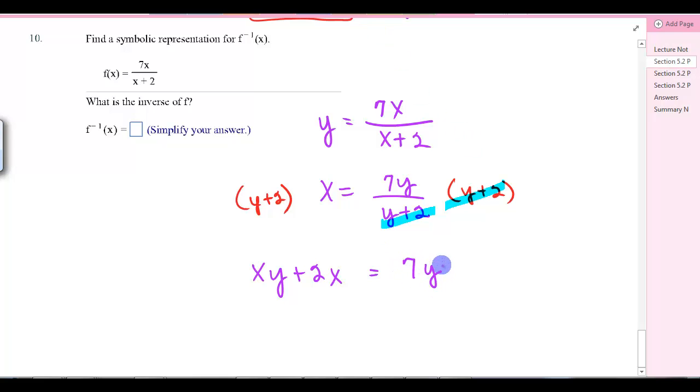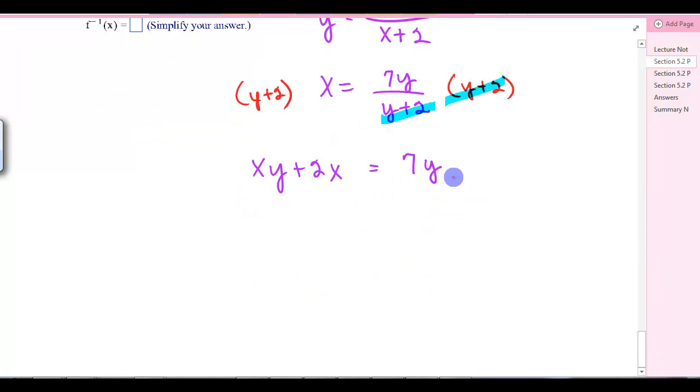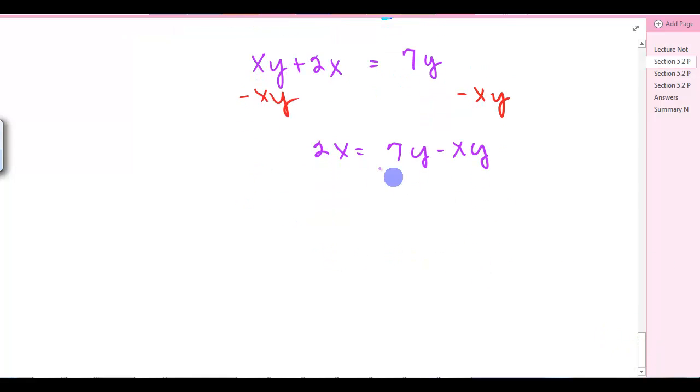All right. Now, let's get this xy over here. So we're left with 2x equals 7y minus xy. Let's factor the y out.